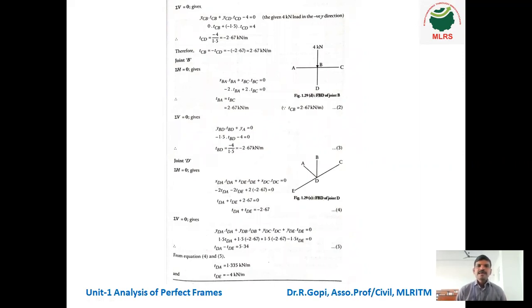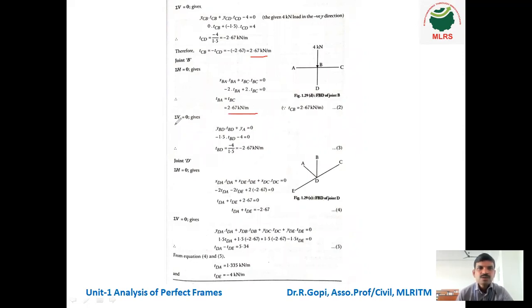The positive or negative value is based on the quadrant only. So it is minus 2 TBA plus 2 TBC. So from this TBA is equal to TBC. TBC value we already found. What is the TBC value? This TBC and this TCB both are the same, so it is 2.67 kilonewton per meter. So TBA is equal to 2.67 kilonewton per meter.